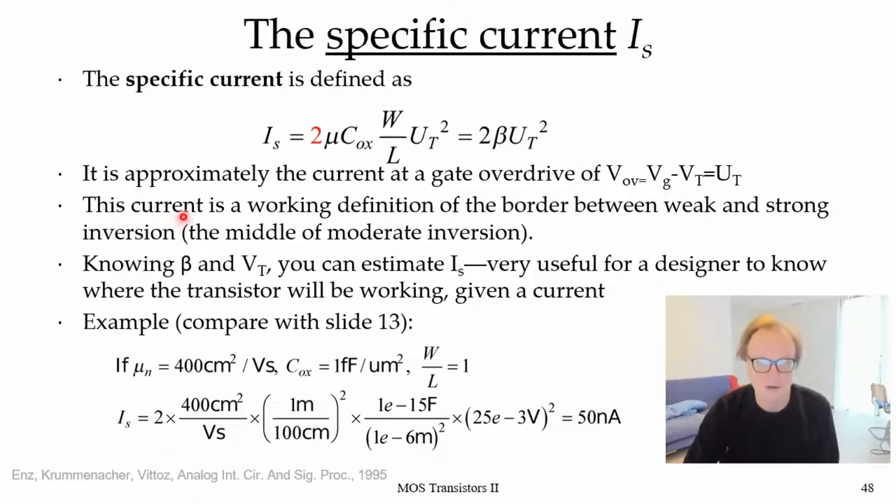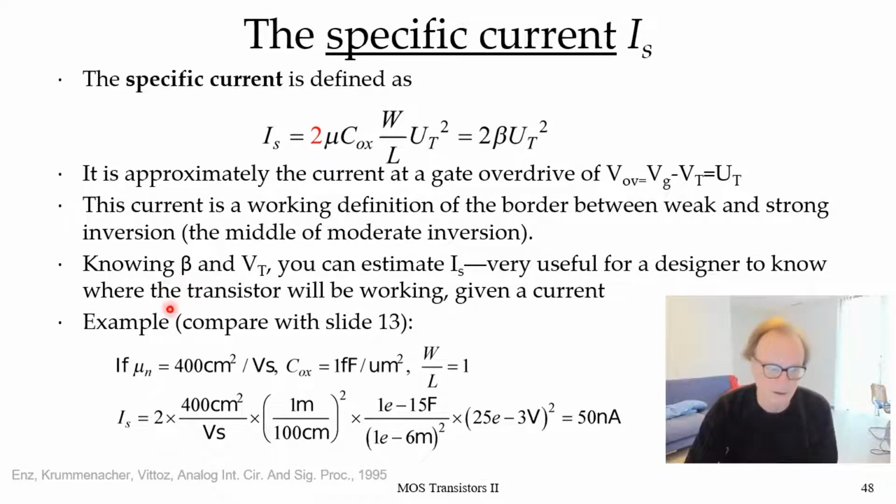So this current is a working definition of the border between weak and strong inversion. It's sort of the middle of moderate inversion, which is the complicated region in between those two other ones. And knowing the beta and the UT, you can estimate IS, which is very useful for a designer to know where a transistor will be working given a current, whether in subthreshold, above threshold, or moderate inversion.